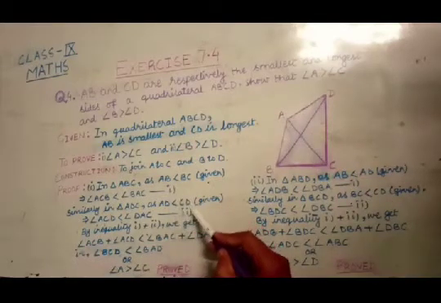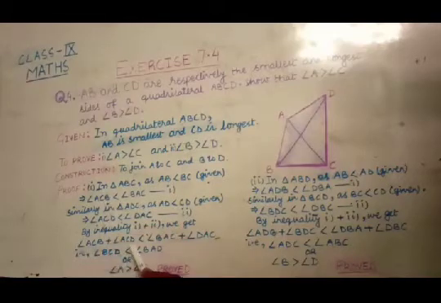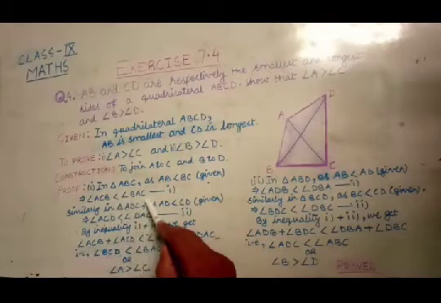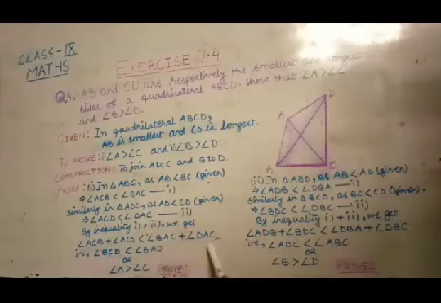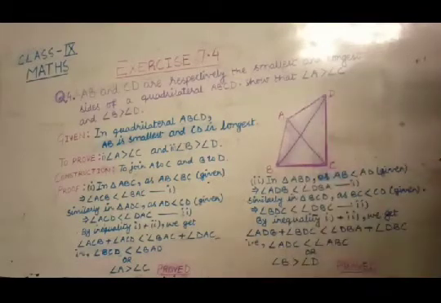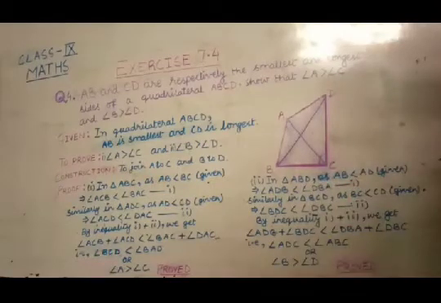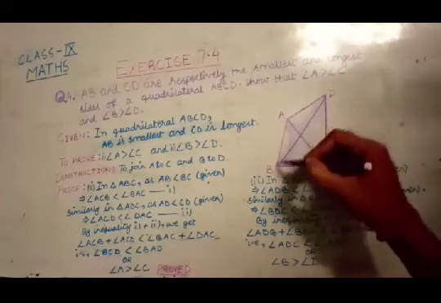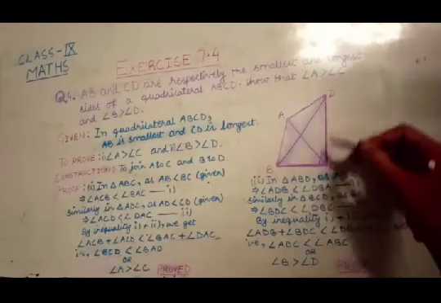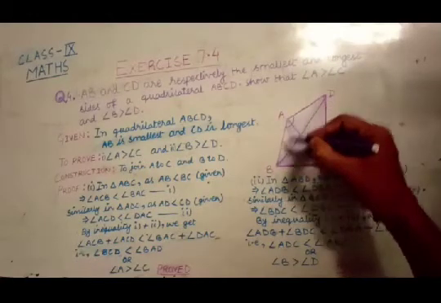On adding these two inequalities, we get angle ACB plus angle ACD less than angle BAC plus angle DAC, where angle ACB plus angle ACD, their sum completes angle BCD. So this sum we could replace by angle BCD, and angle BAC plus angle DAC, their sum completes the angle BAD.